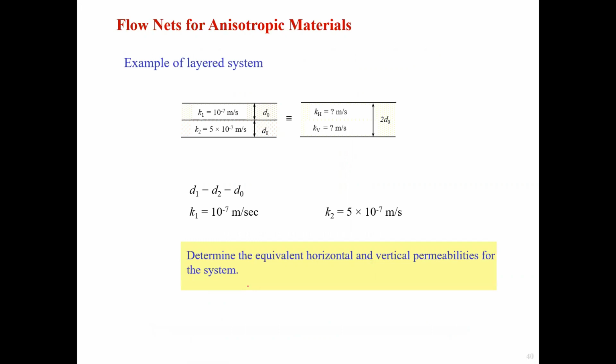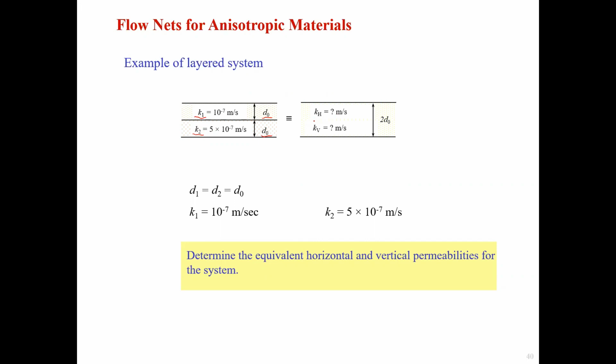Now let's have a look at one example. Suppose the layers shown in the figure have equal thickness. So D1 and D2 have the same thickness, and they both equal D0. And K1 and K2 will be different. If K1 and K2 are different, we call it anisotropic material.